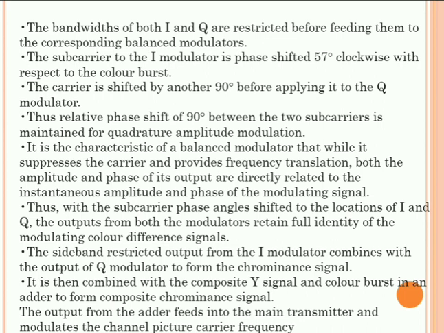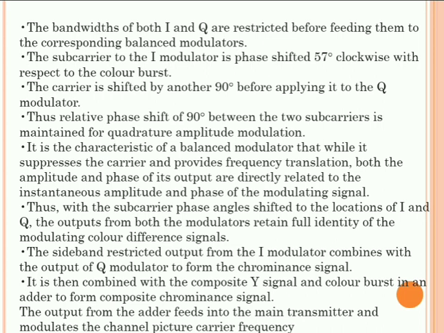The subcarrier frequency to the I modulator is phase shifted by 57 degrees. The subcarrier frequency to the other modulator, the Q modulator, is first shifted by 90 degrees, so it becomes a 147 degree shift.